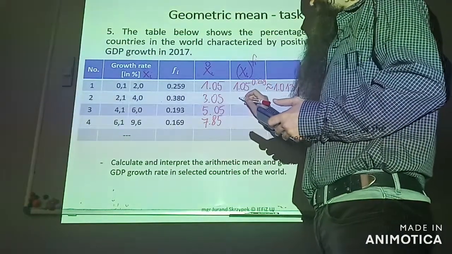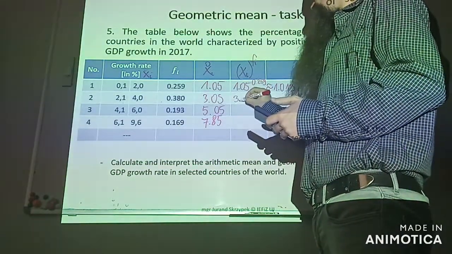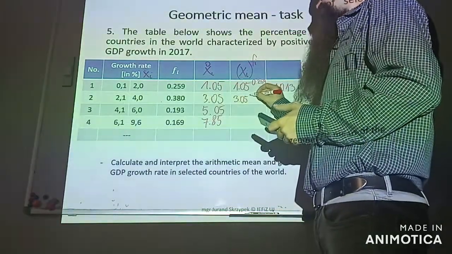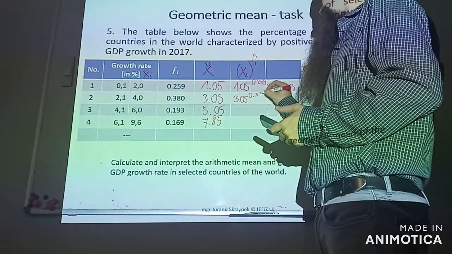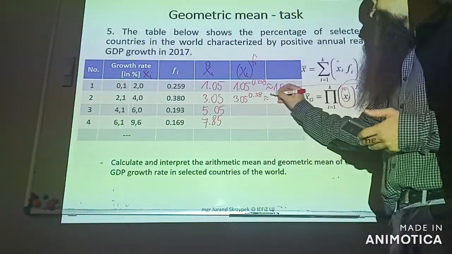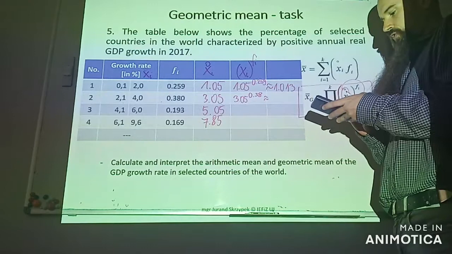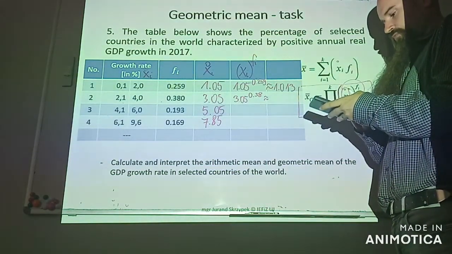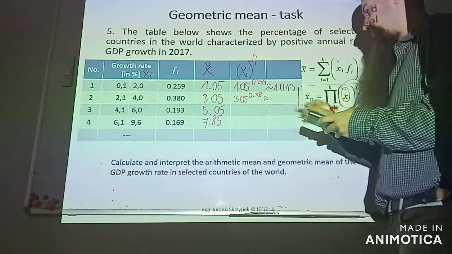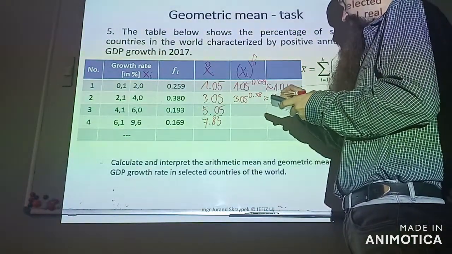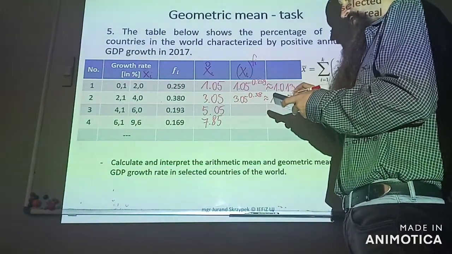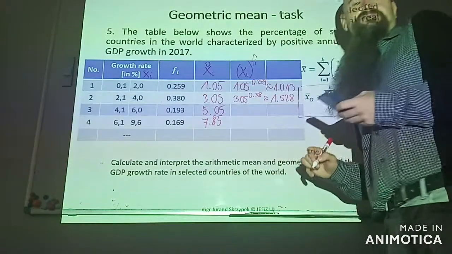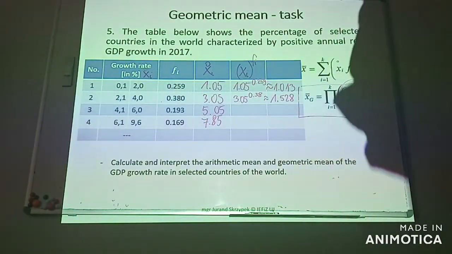Next row: 3.05 to the power of 0.38. 3.05 to the power of 0.38, and it is approximately 1.528, and so on.